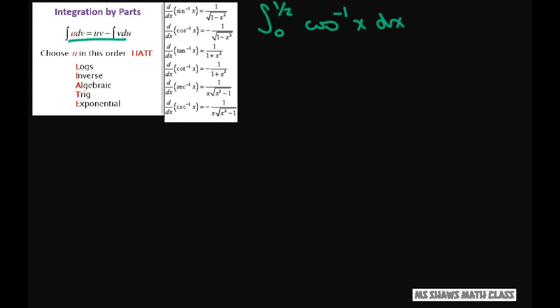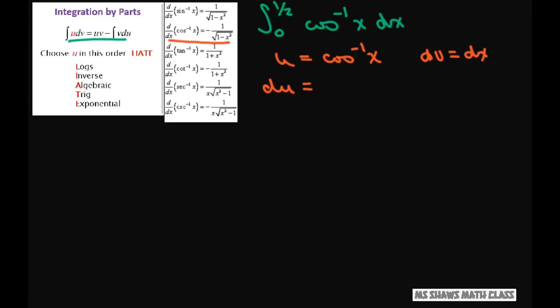So what we're going to do is let u equal cosine inverse of x, and let dv equal dx. Therefore, the derivative of u is right here.